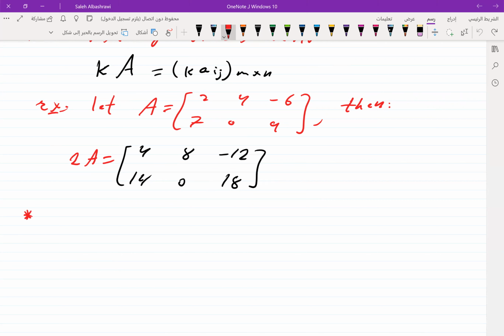Let's speak about the properties of matrix addition and scalar multiplication.